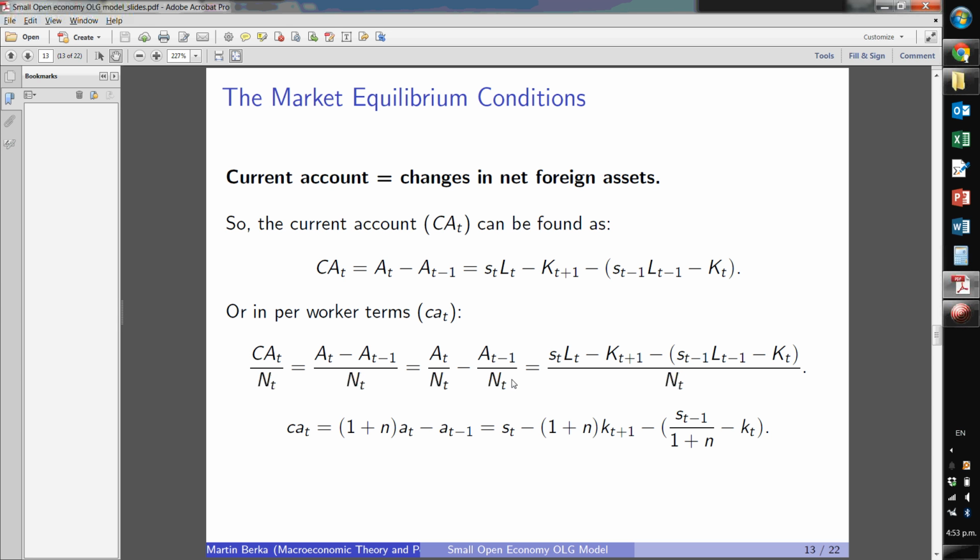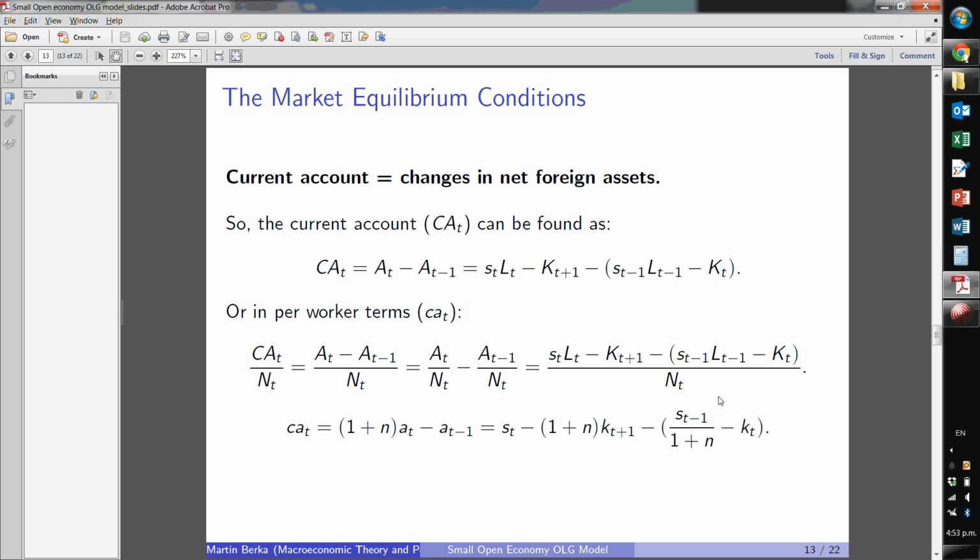Whereas the second one is just the definition of per capita net foreign assets at the end of period t minus 1. And similarly, we can reduce the last ratio on the right-hand side in this form, where we are just dividing everything by N t.